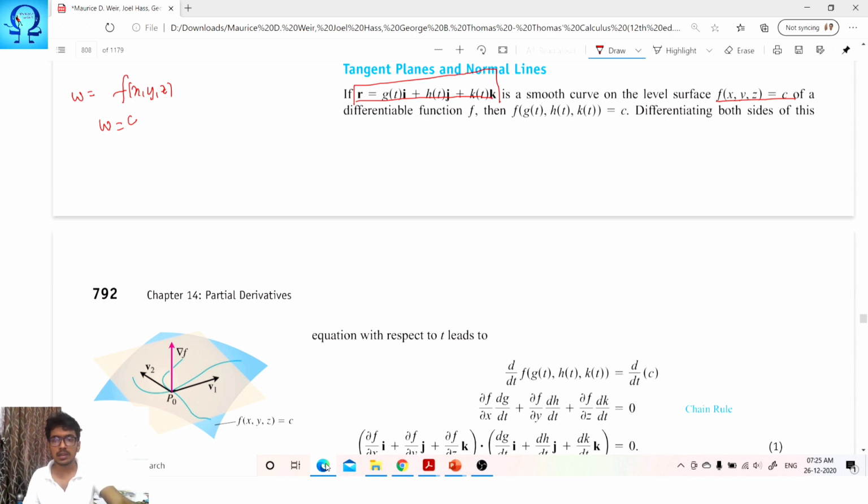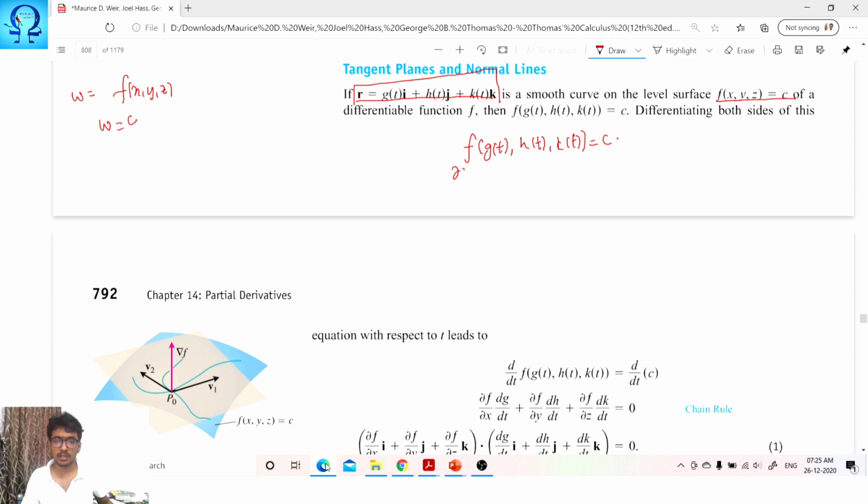When you plug these into the function, your curve has the representation f of g of t, h of t, k of t. When you differentiate this, it is a function of only one variable, that is t.